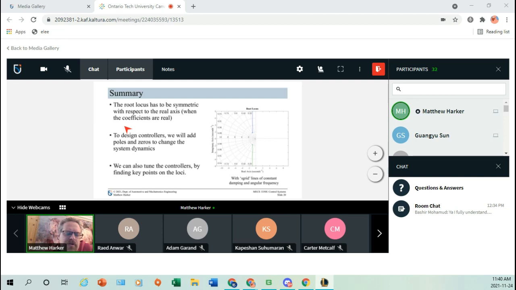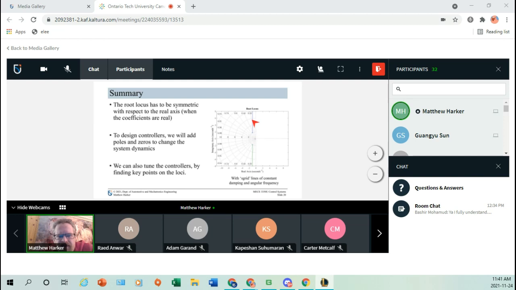We take, for example, our PI or our PD controller, and in general, adding a controller is going to add poles and zeros, and it's going to move these loci around in different ways, right? So that's what we'll do next, look at the PD control.